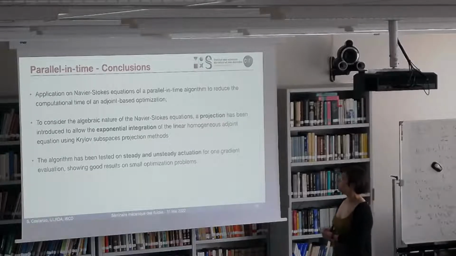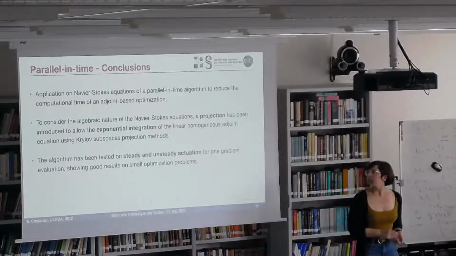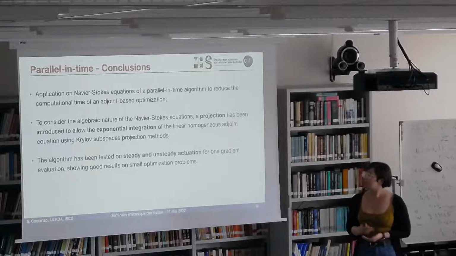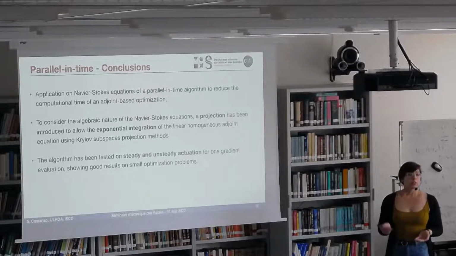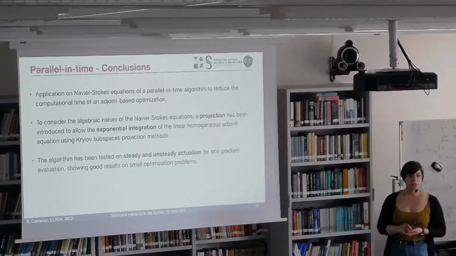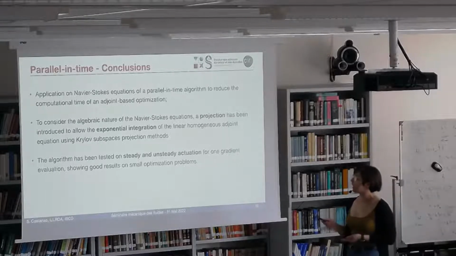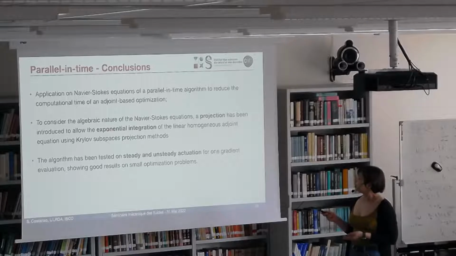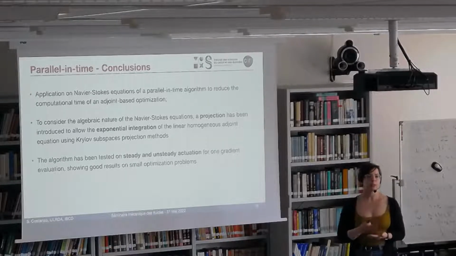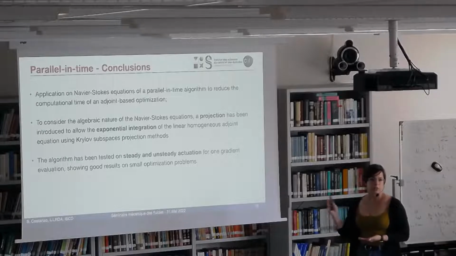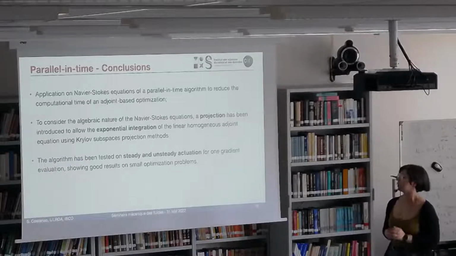So by the end of this project, we managed to apply a parallel algorithm on the Navier-Stokes equation. I didn't talk about this here, but to include the constraint in the momentum equation, I had to perform a projection step in order to be able to apply exponential integrators on the Navier-Stokes equation and adjoint equation.